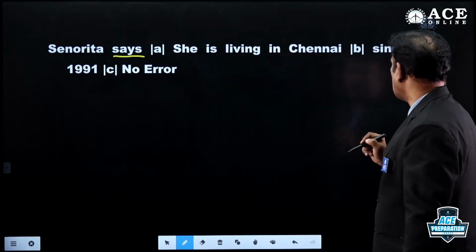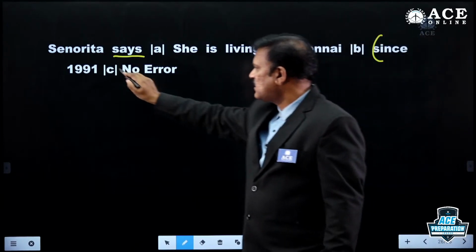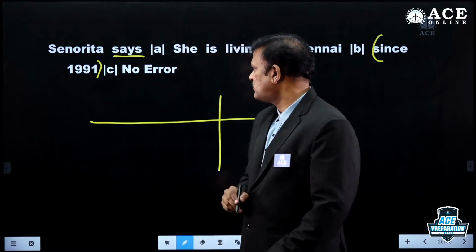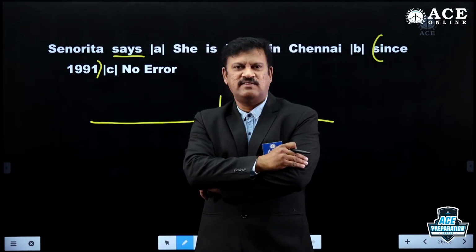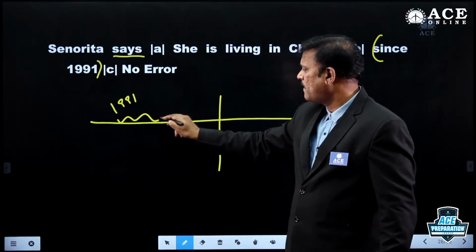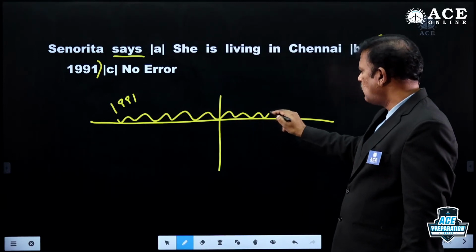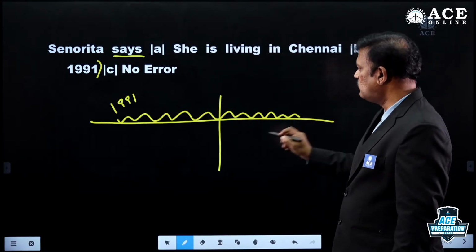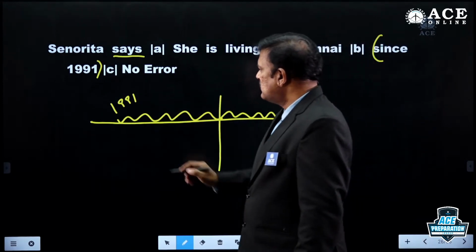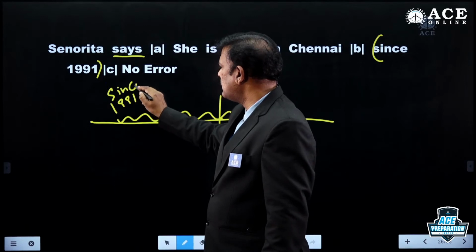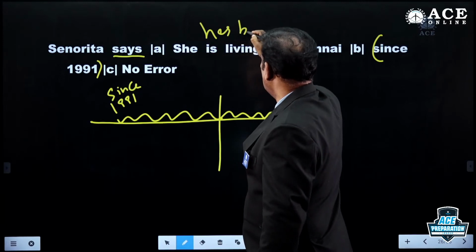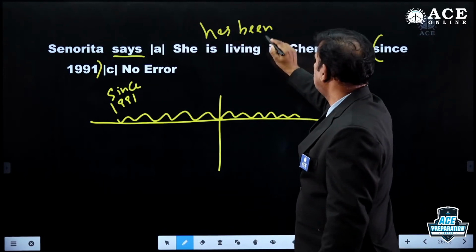Then I'm looking for time indicator since 1991. Obviously, 1991 is past. How long she is going to be here, we don't know, but we are talking about this point like this. So, since 1991, obviously, present perfect continuous.